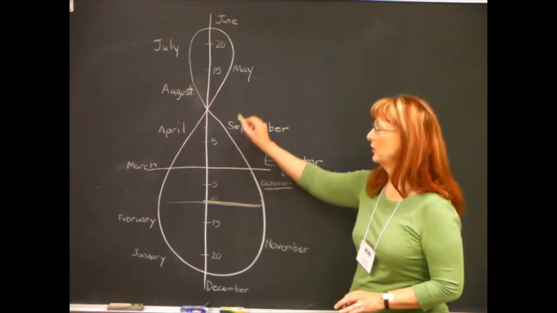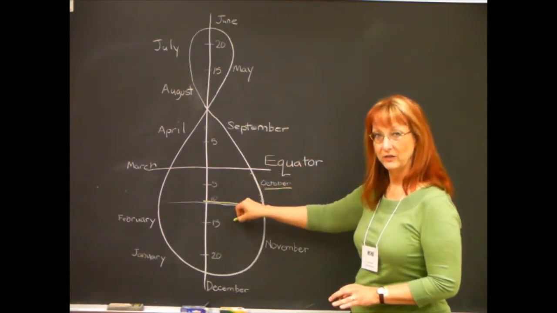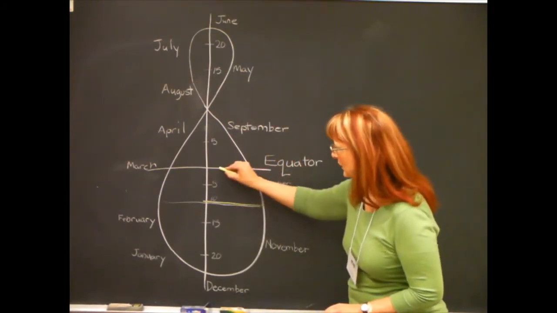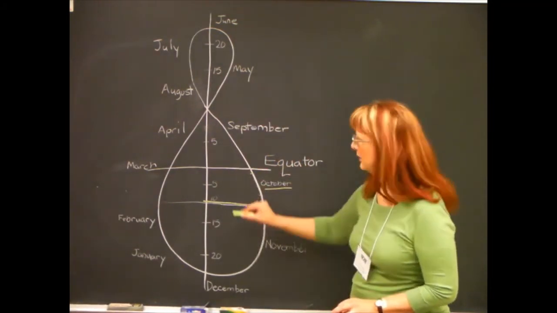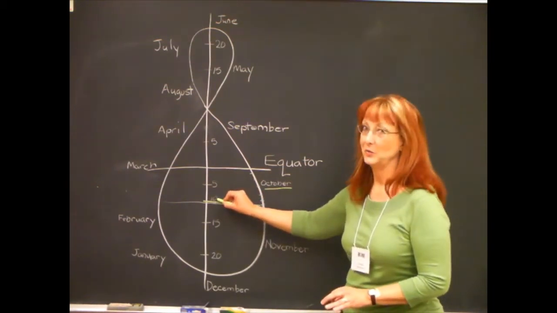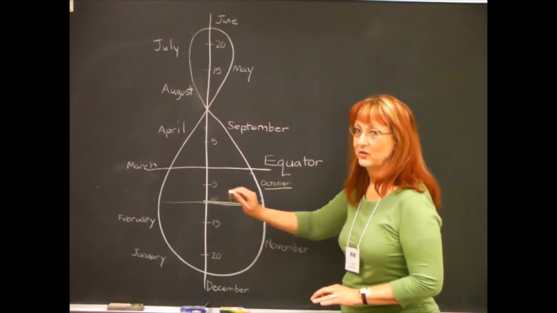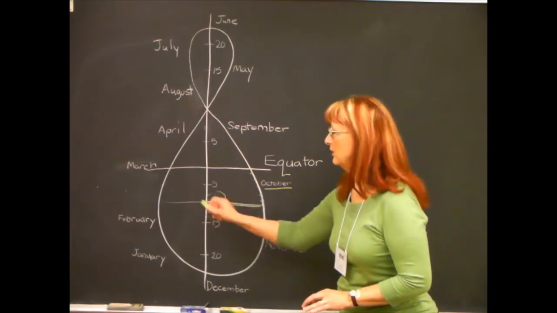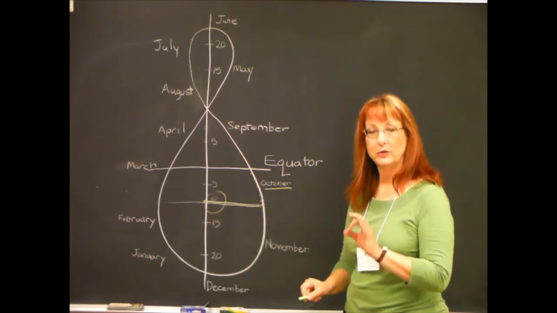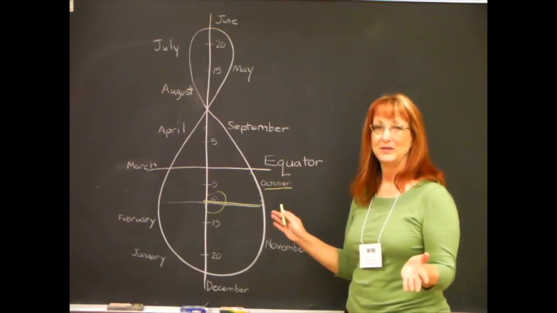This tells you whether you're north of the equator or south of the equator. So, we are south of the equator, and we're down here, and I made this one particularly easy. We're exactly at 10. So, that's the degrees that you will use for your subsolar point. Wasn't that simple?